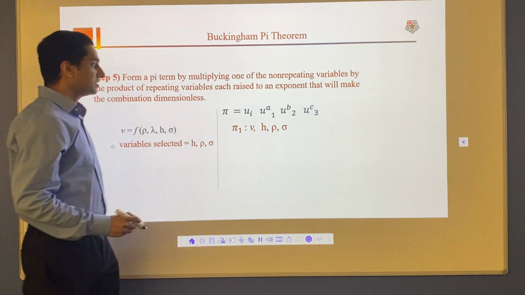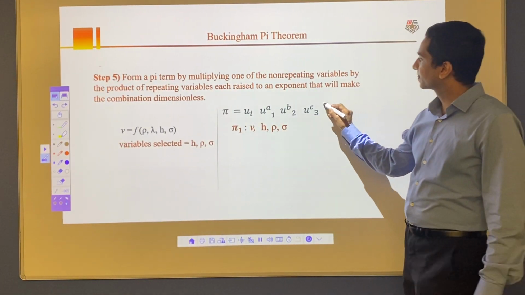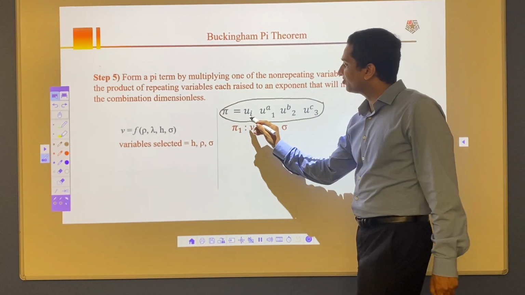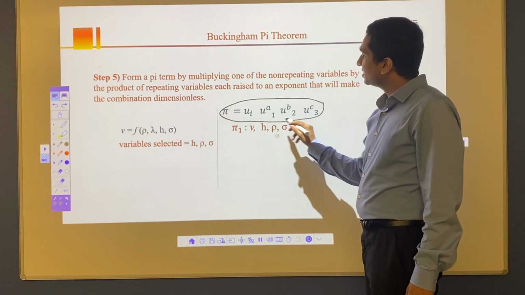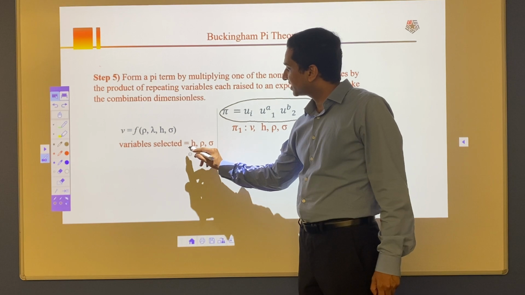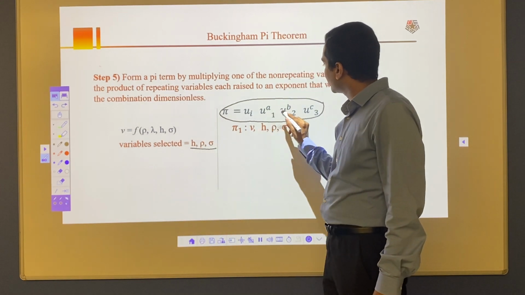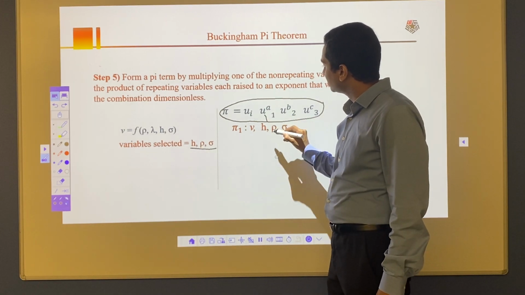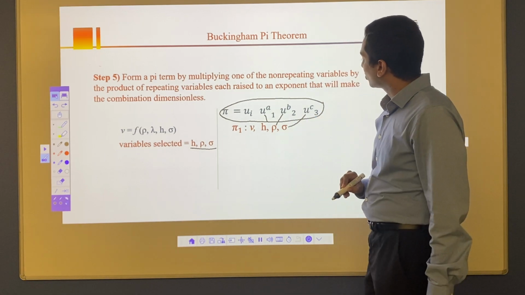Step 5, in step 5 you have to remember this equation. This is called your pi term. This equation is ui, u1, u2, u3. Now in this equation we take our variables selected in step 4 and put them as u1, u2, u3. So here h will become u1, density will become u2, and this one will become u3.